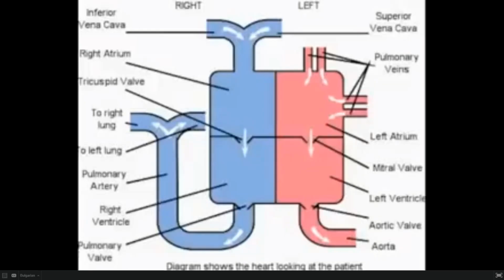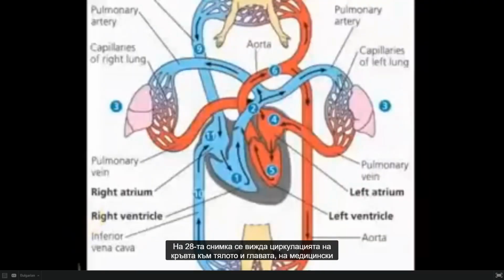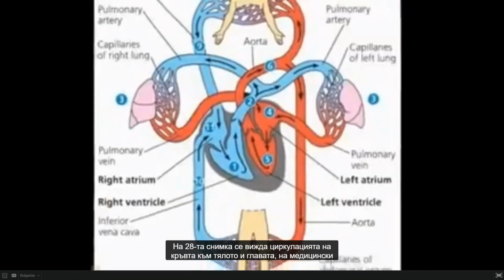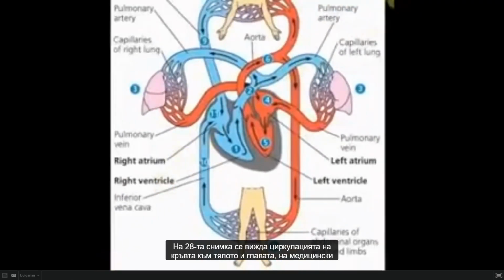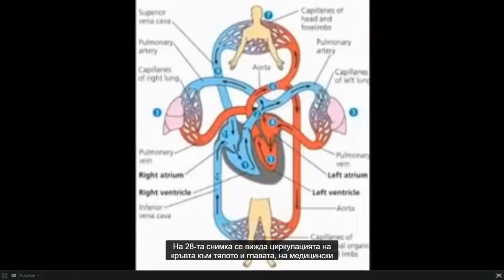Okay, and 28 gives you the circulation of blood to your body and to your head.